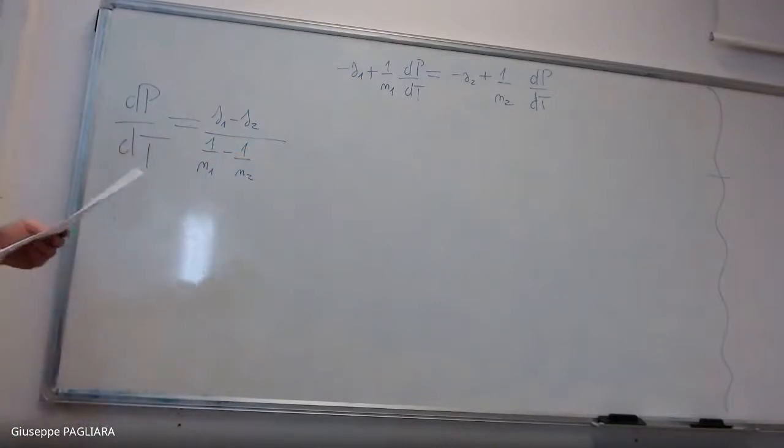The following, S1 minus S2. Okay, let me check if this is correct. What do we have there? We bring the derivative there, 1 divided by N2. Yeah, it should be correct.